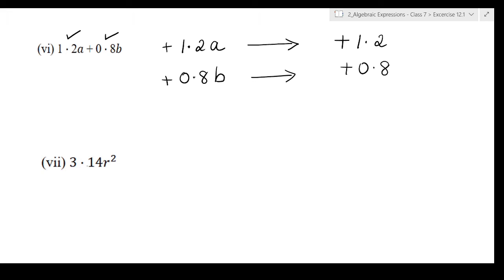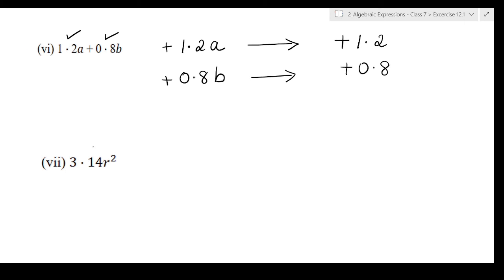Next, we have 3.14 r to the power 2. Now, one easy way of understanding whether it is one term or two terms is to look for signs. Here you have 3.14 r square, no signs. It is multiplication, 3.14 into r into r.